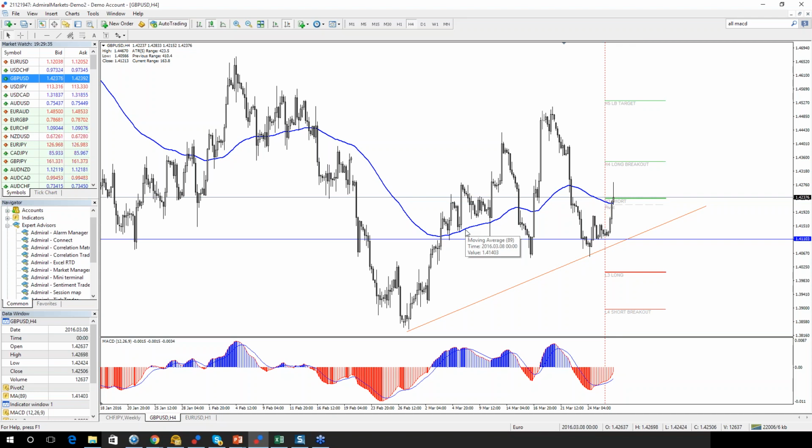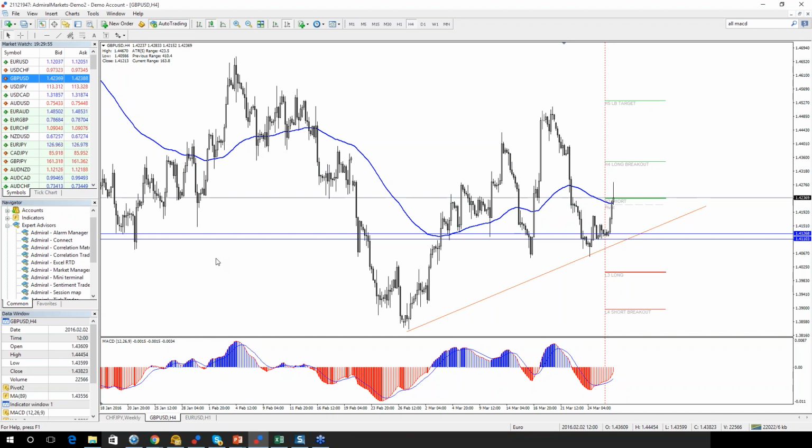In this case, it was buyers. So the price in the past has been rejecting from this zone. Look how many rejections. 4-hour candle, guys. This is not 1 minute.